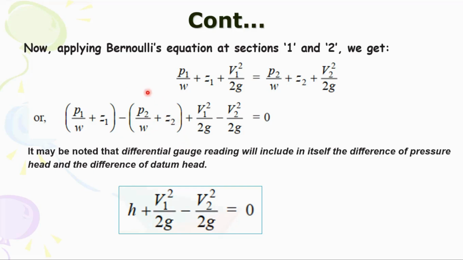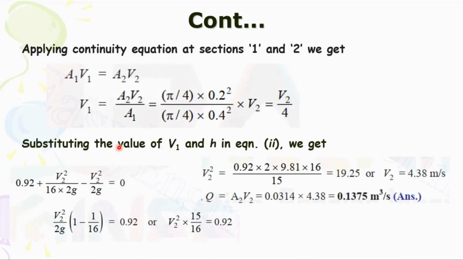So you can substitute H here, then this is the velocity difference, V1 square over 2G minus V2 square over 2G. Then again, you can apply the continuity equation at section 1 and section 2. We get A1 V1 equals A2 V2. So rearranging this equation, you can find the expression for V1 in terms of A2 over A1. Then V2 is unknown, so V1 is V2 over 4.